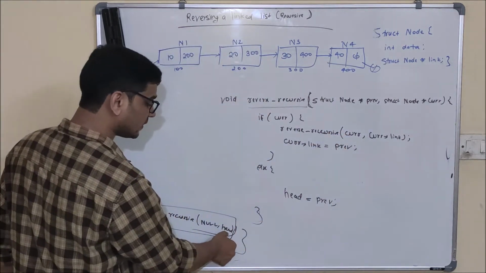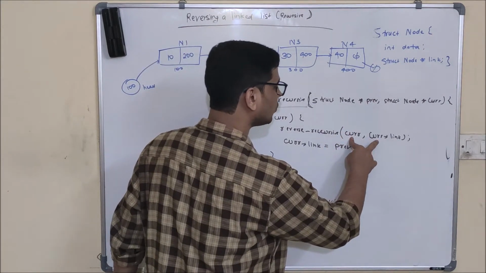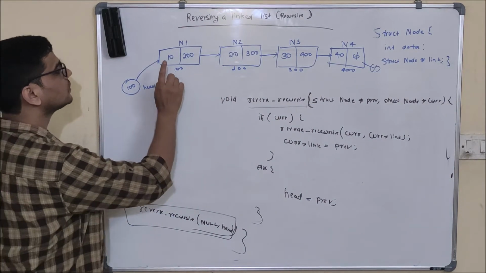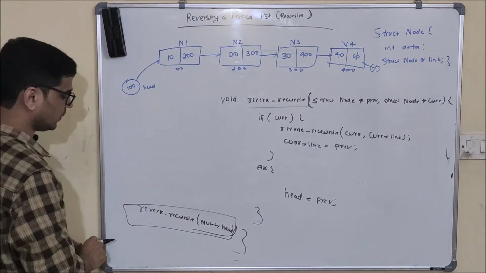What is our current right now? Head, that is 100, and current dot link is the link part of the node starting from memory address 100, that is 200.